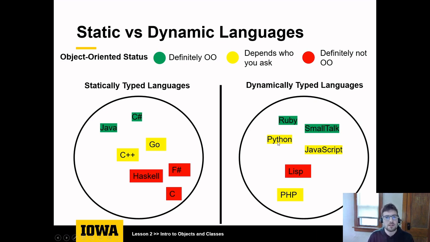Now, with a lot of things, there's a gray area. Whether Python or JavaScript or C++ are object-oriented is somewhat controversial. You could make the argument that Python does have support for object-oriented programming, and you can write object-oriented code in Python. But in my experience, students who are taking this course have not used Python for object-oriented programming. They've used Python more for procedural or functional programming or some other programming paradigm and not object-oriented programming.